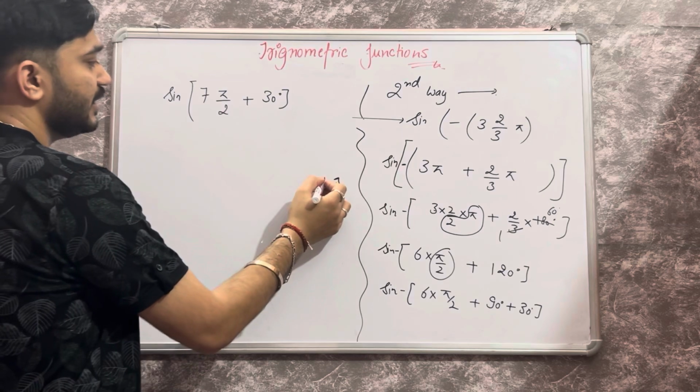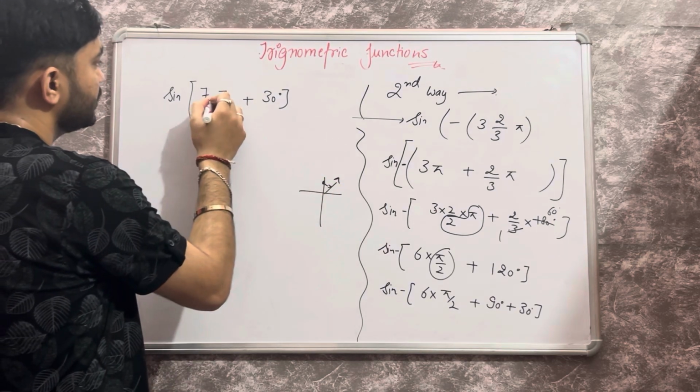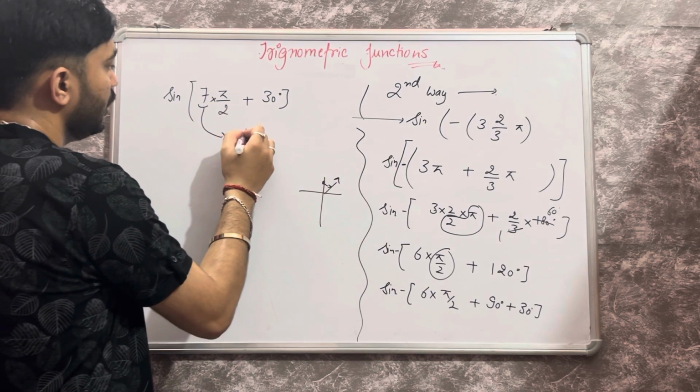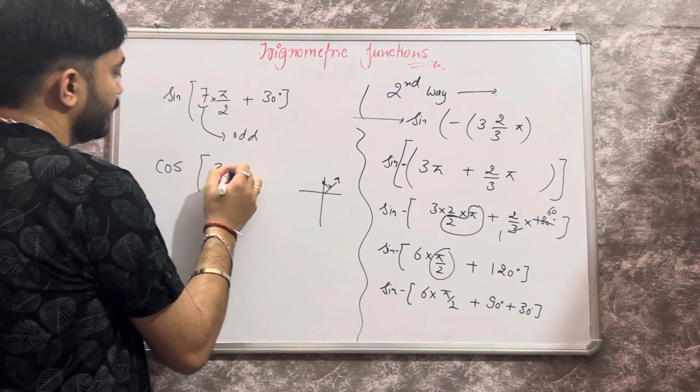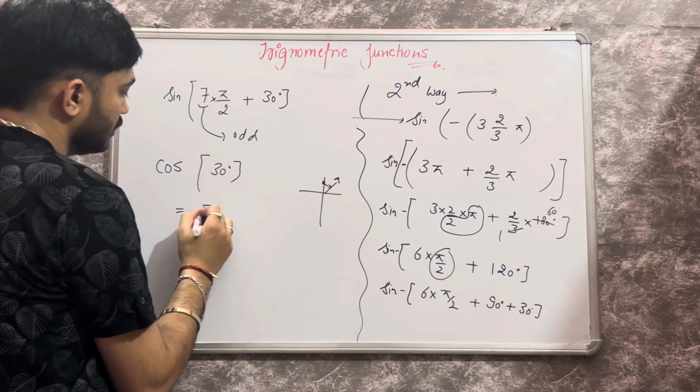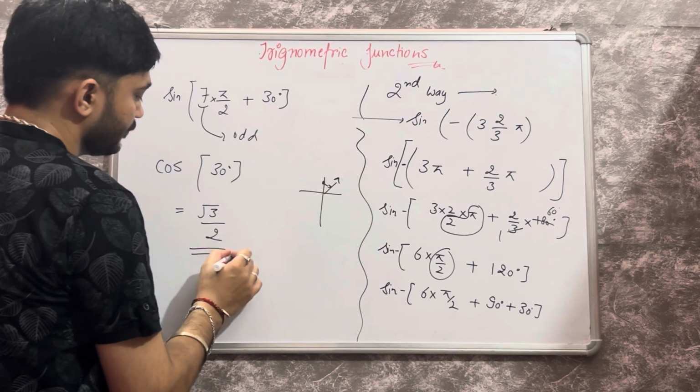The name changes, because this number is odd. The name changes into cos and 30 degree. So the answer will be root 3 by 2. Any doubts?